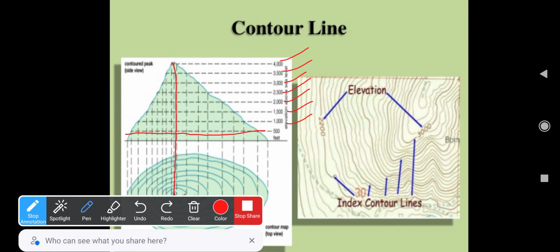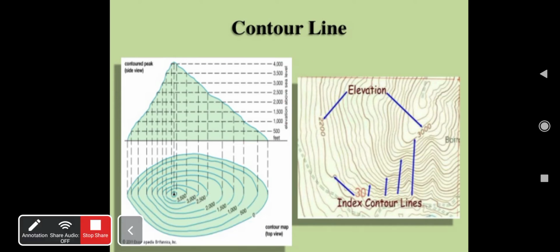Then accordingly the contouring starts. In which area, how much of the mountain is coming? Suppose at 500 feet the maximum area of the mountain is coming. So this contour line indicates the maximum natural feature existing there. That is the only intention of contouring.